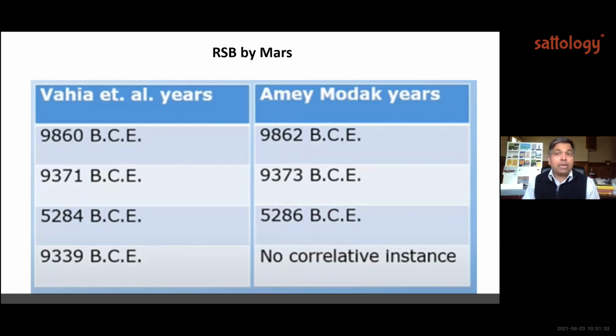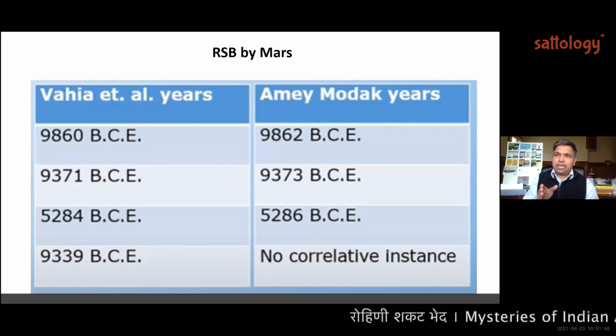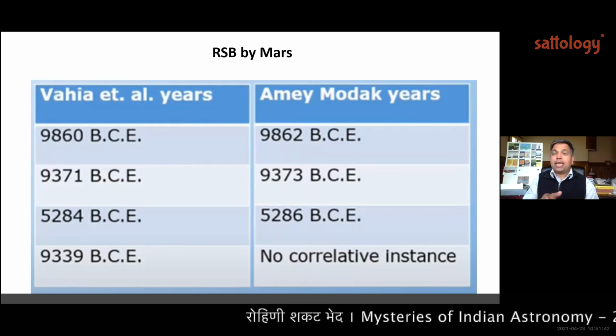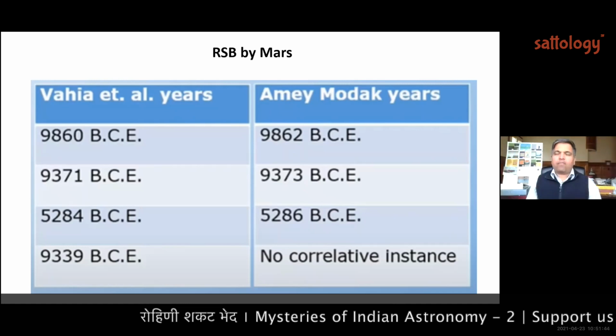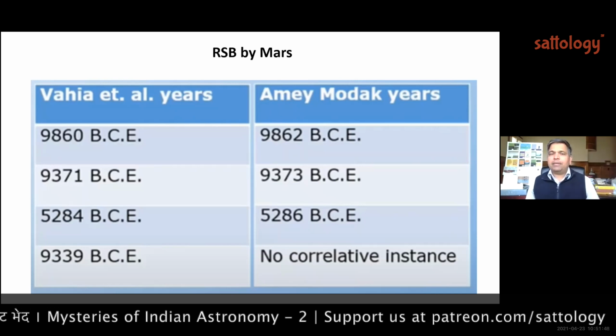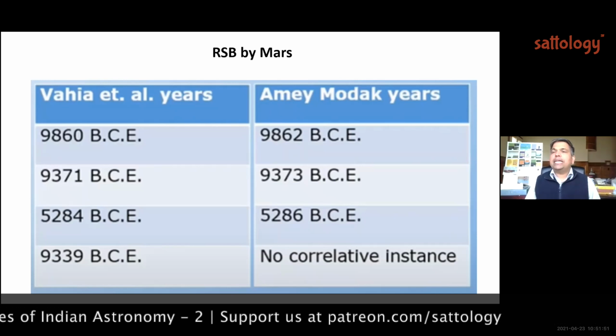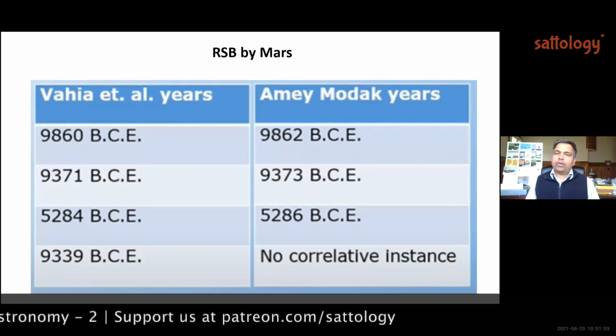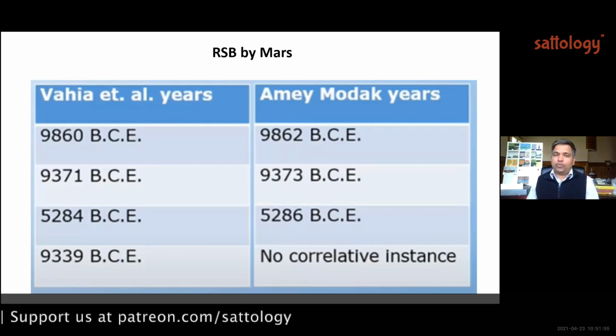And that is what Ameya Modak actually went and verified. So Wahiya is claiming 9860 BCE, Mars doing Rohini Shakata Bhed. In reality, at least using astronomy software, which has tabular data, it shows yes, Mars did RSB, Rohini Shakata Bhed, but in 9862.